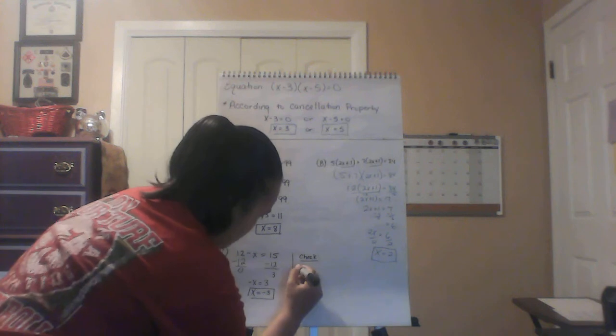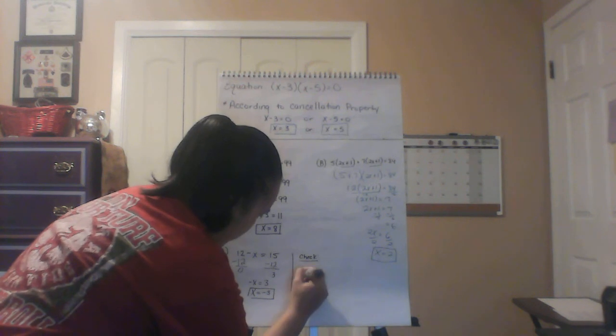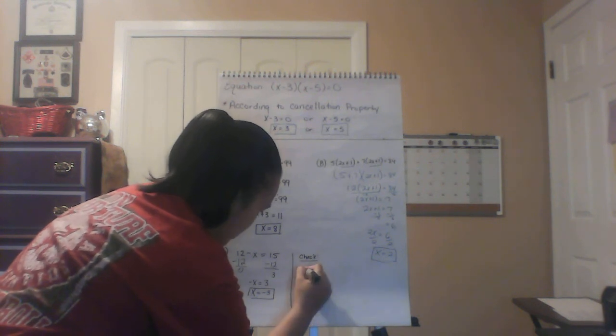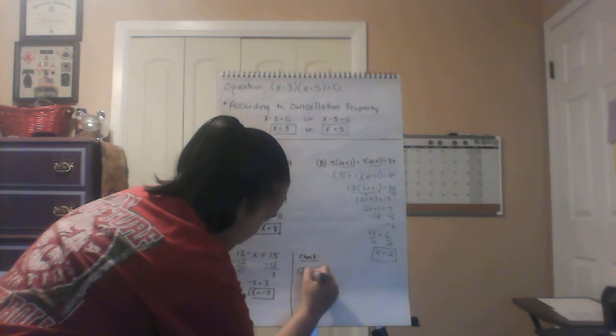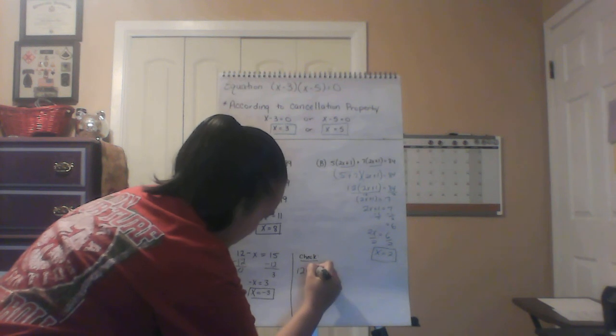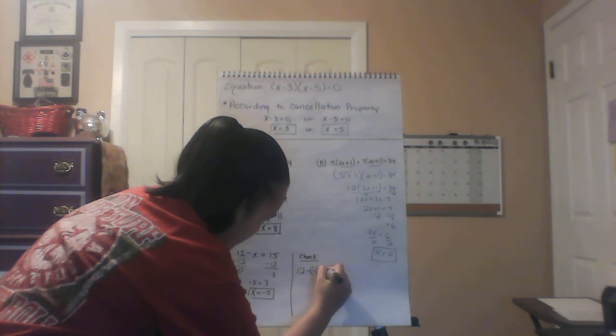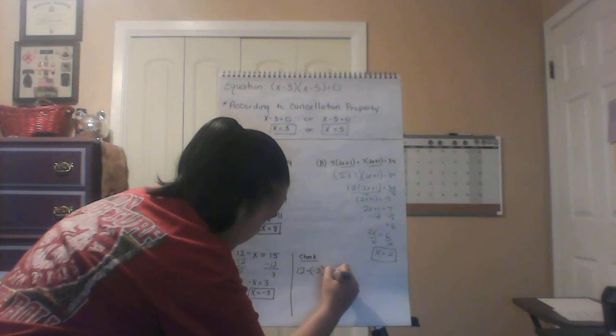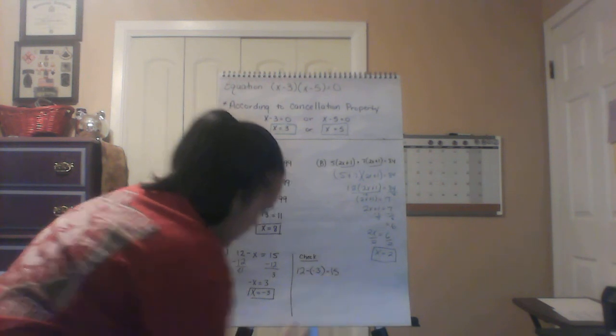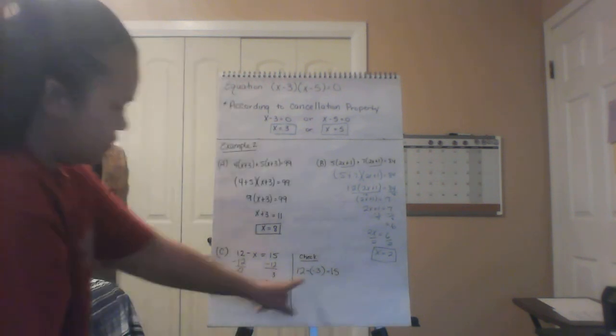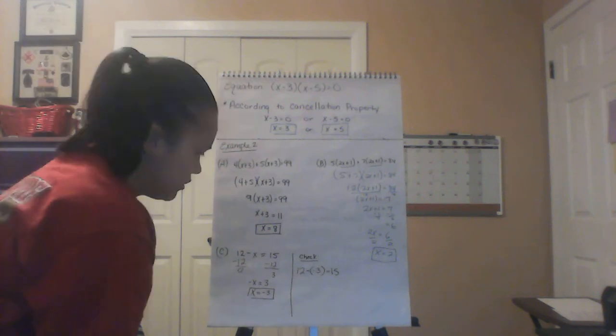So we're going to check it. We're going to have 12 minus, in parentheses, negative 3 equals 15. Now doing this math, will it wind up coming out correctly?